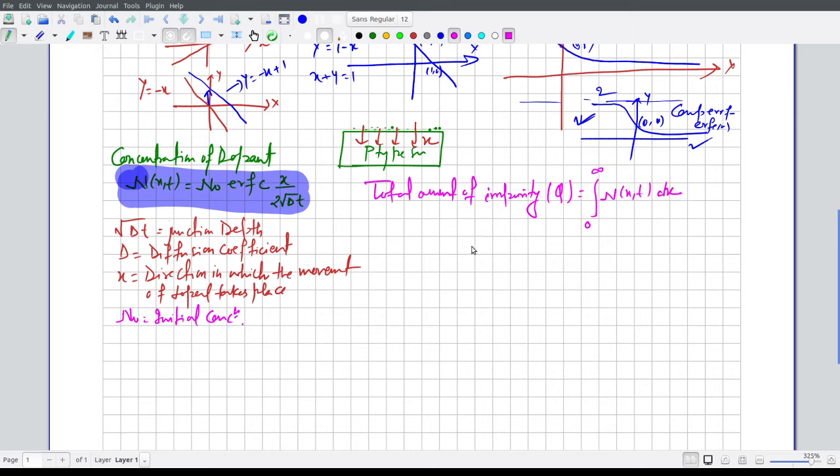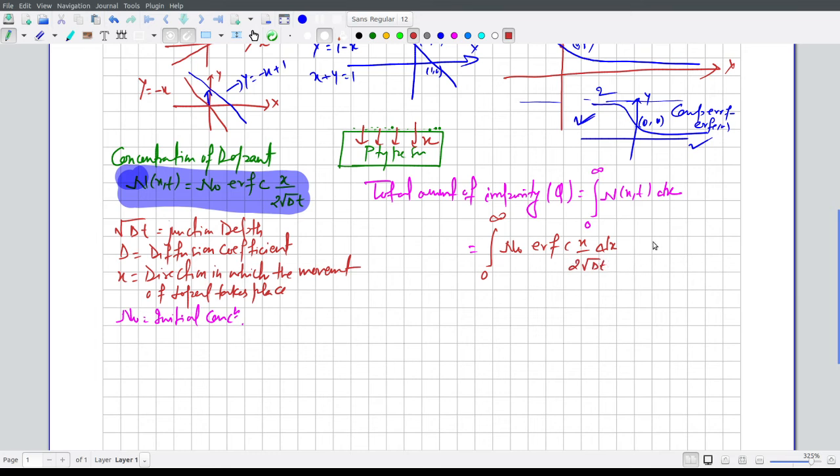So what should be the value? n(x,t) is your n naught erfc(x by 2 root Dt). This type of numerical may come in GATE exam or some other exam. That's why I have taken this one. So how to solve this question?